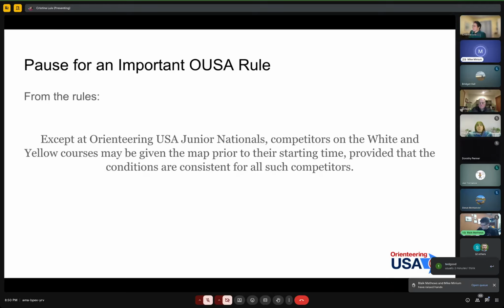One comment, the rule was written, it says they may be given the map. It doesn't actually require NREs to do that. And one thing I wish NREs would do is publicize in advance whether they're going to do it or not. Because when I bring kids, they don't know if they're going to get a chance to look at the map or not, a lot of times until they're right up to the start line.